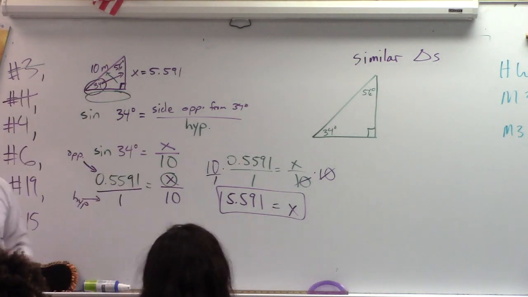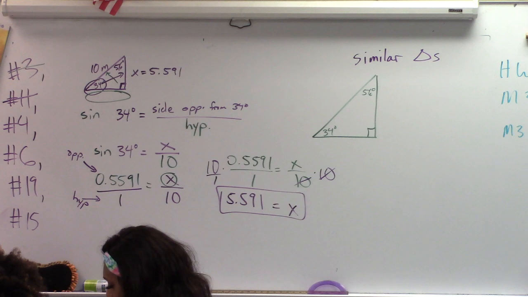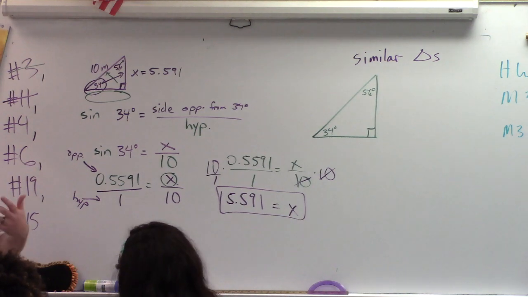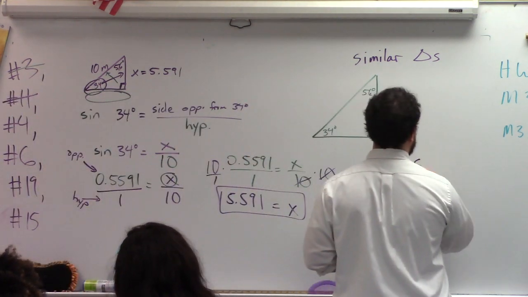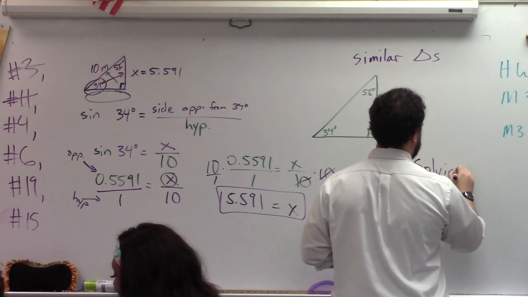Is there anything from that triangle that we don't know yet? Oh, the bottom side. So, what do I mean by solving the right triangle? By having all the side measures or calculations.